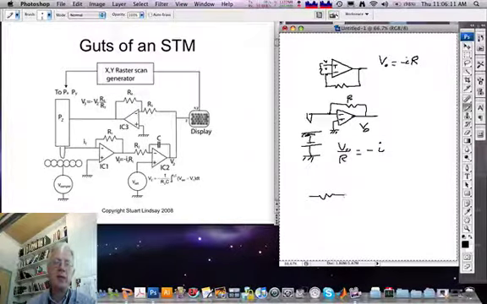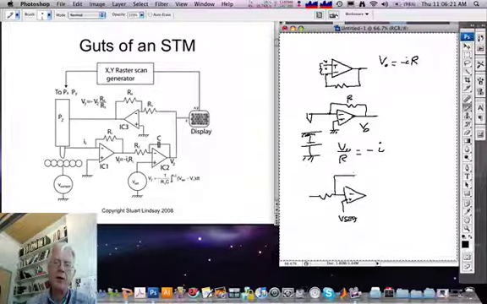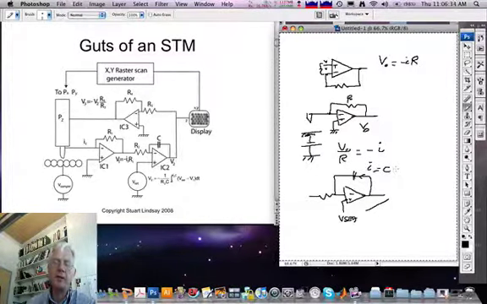The next element is an integrator. In this element, the feedback component is a capacitor. And recall that no current flows across a capacitor unless the voltage is changing with time, in which case the current flow is given by the capacitance times the time derivative of the voltage change at the output.